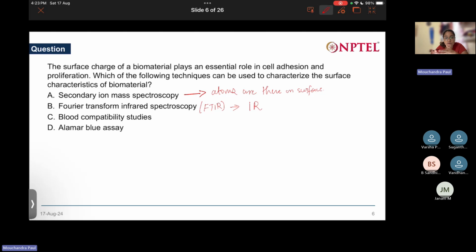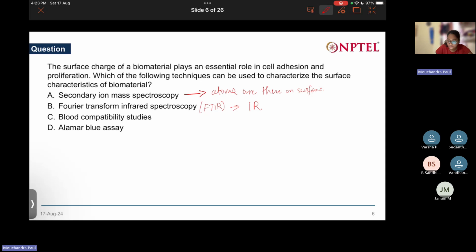It causes bonds to bend and oscillate in a symmetric or asymmetric manner. So it causes vibrational motion in bonds, like carbon-carbon, carbon-fluorine, or carbon-hydrogen bonds. That vibration is recorded in this technique, and we get something called an FTIR spectrum.